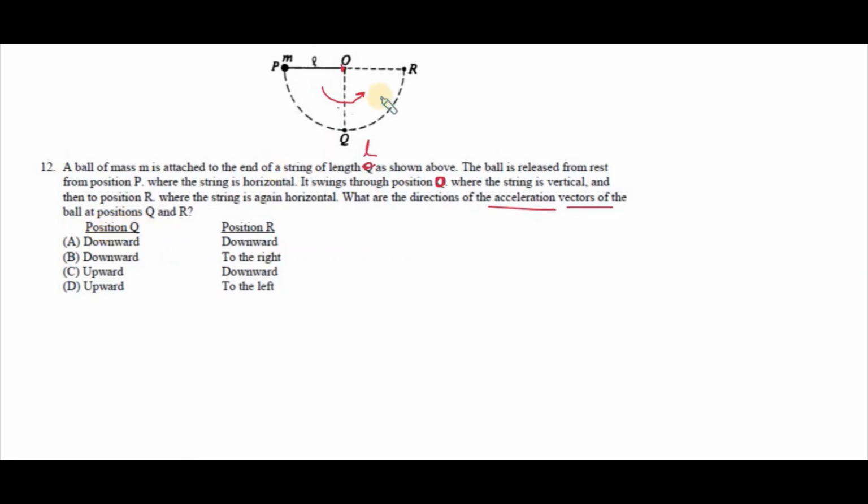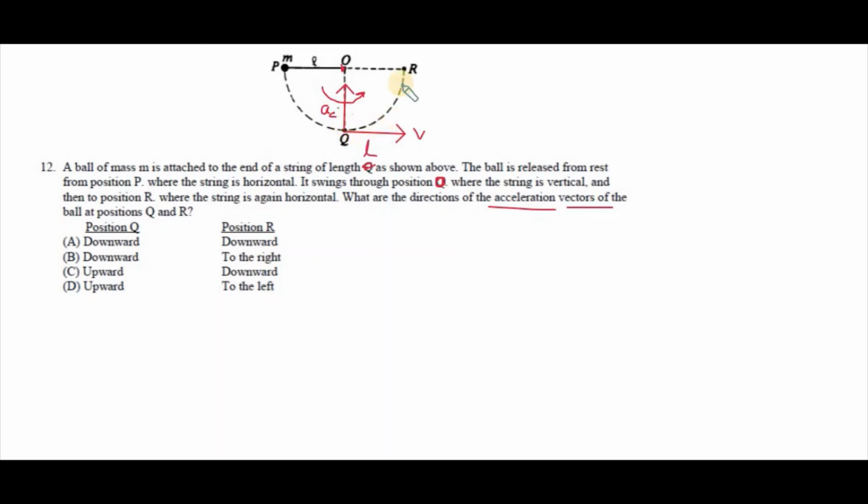Initially the ball started its motion from the point P. Once it reaches the point Q, it will have tangential velocity along this direction, and since it continues the rotational motion, it will have centripetal acceleration in the radially inward direction.